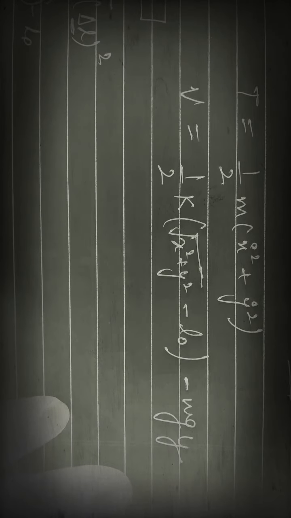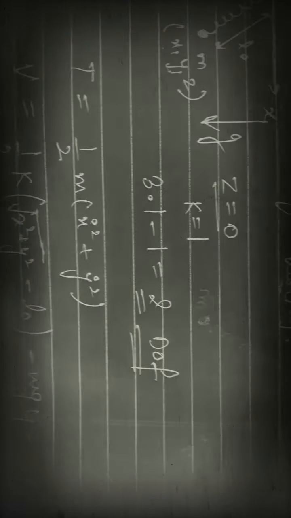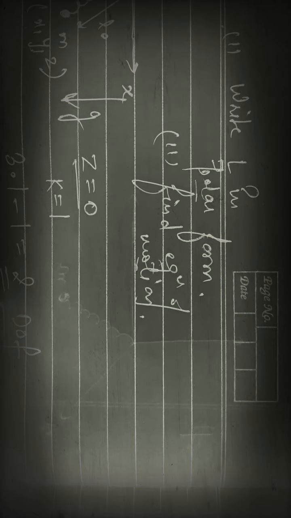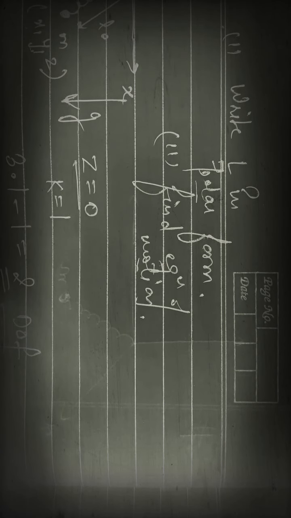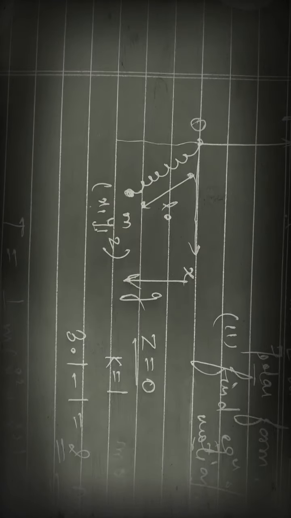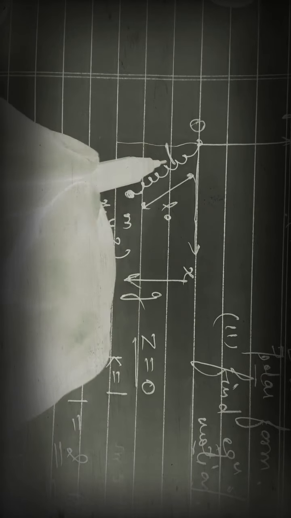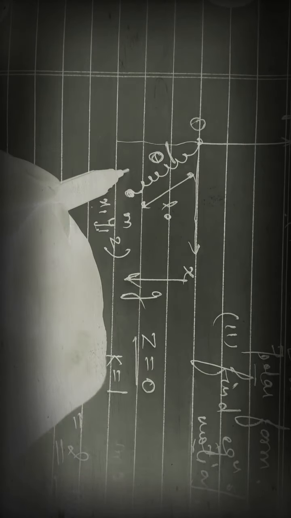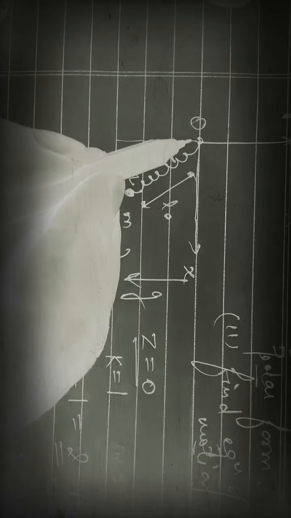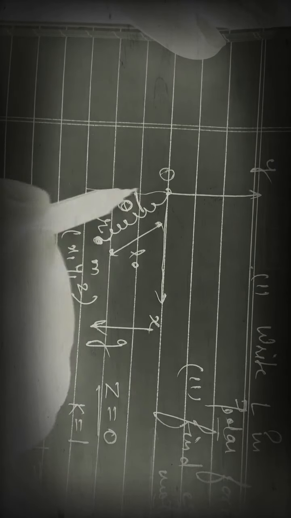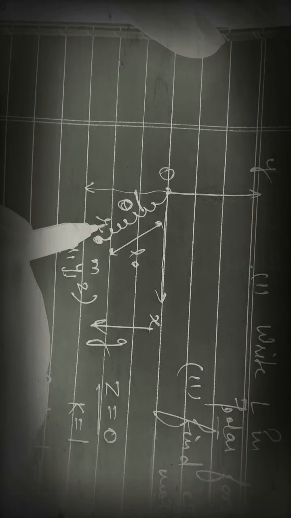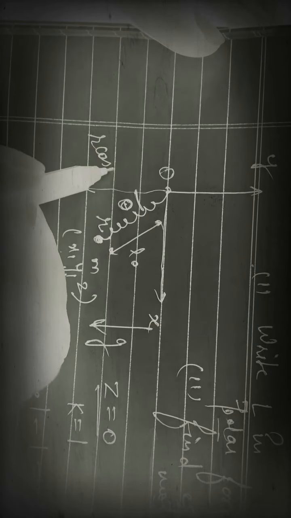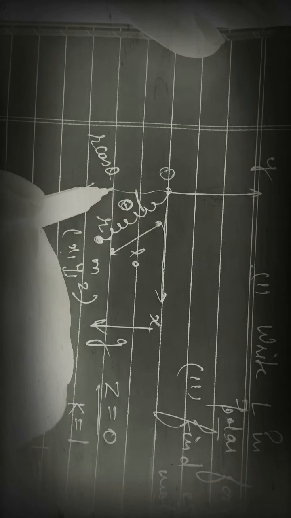This is your potential. But in the question it has been asked to write the Lagrangian in polar form, so you have to substitute. Let's suppose this angle is theta and the varying length is r. Then the y direction along theta will be r cos theta, and the x direction will be r sin theta.